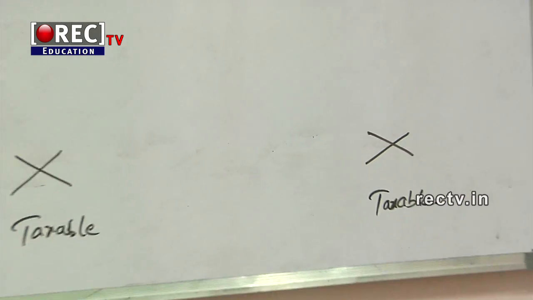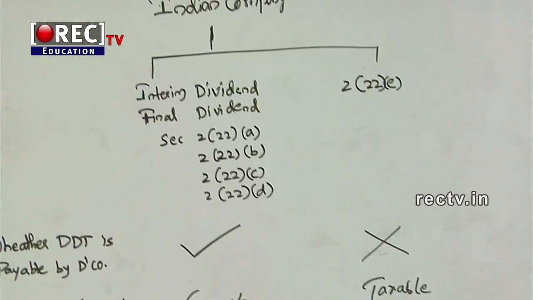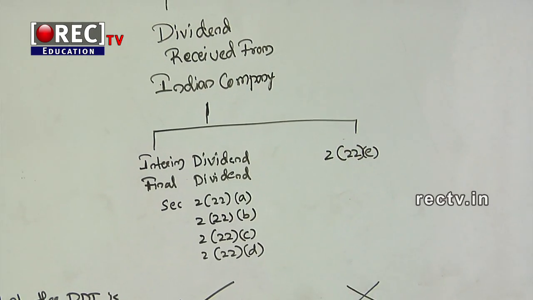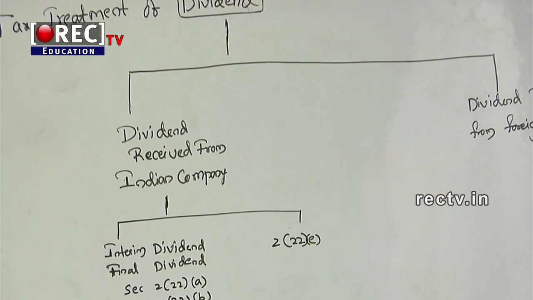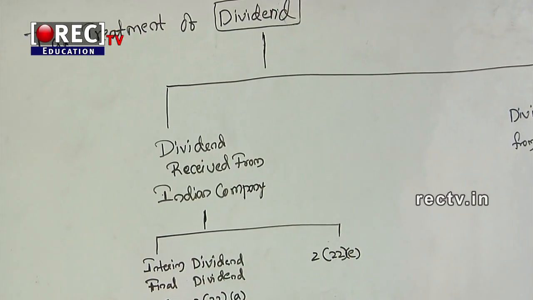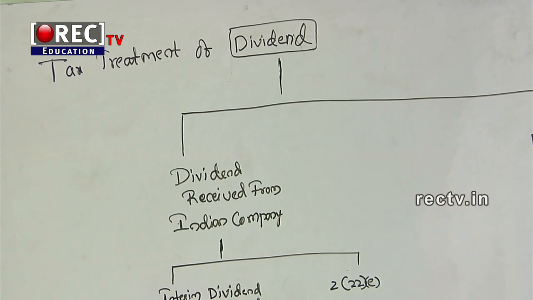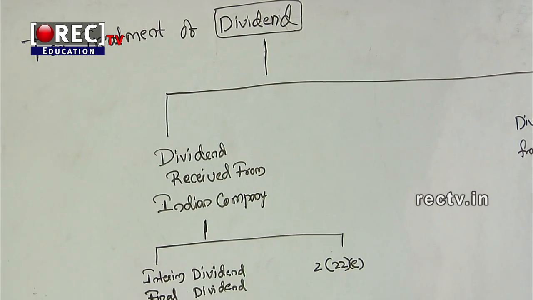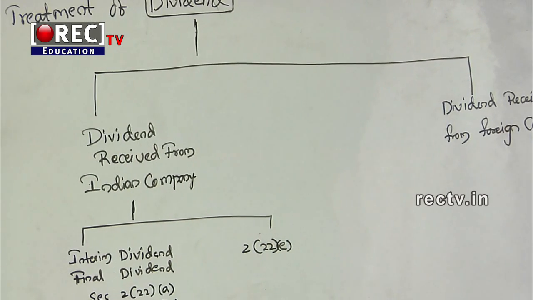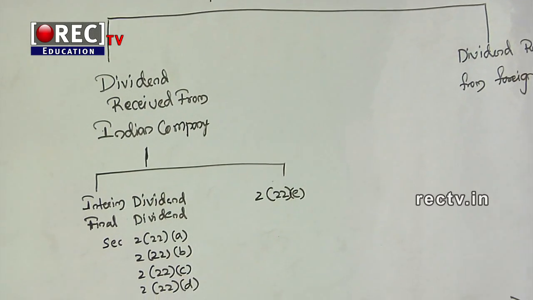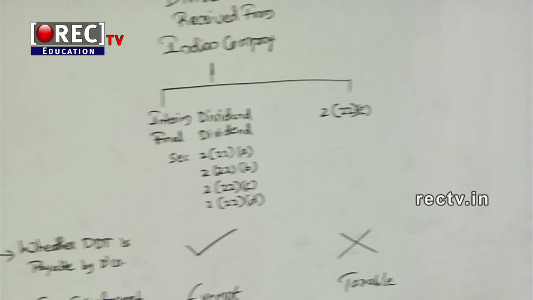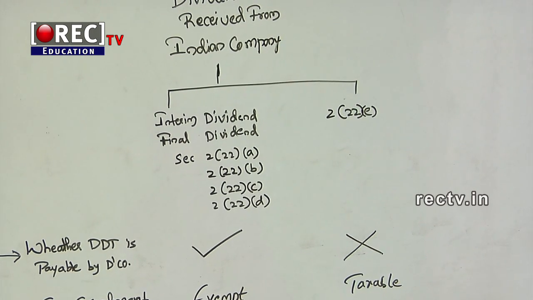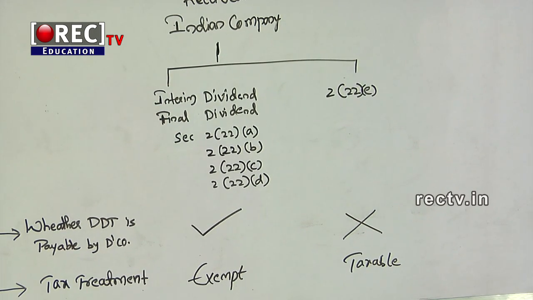From this chart we can clearly see that dividend is first divided into two parts: dividend received from an Indian company and dividend received from a foreign company. Dividend from an Indian company is again divided into two parts. In the first part DDT is payable, so it is exempt from tax.